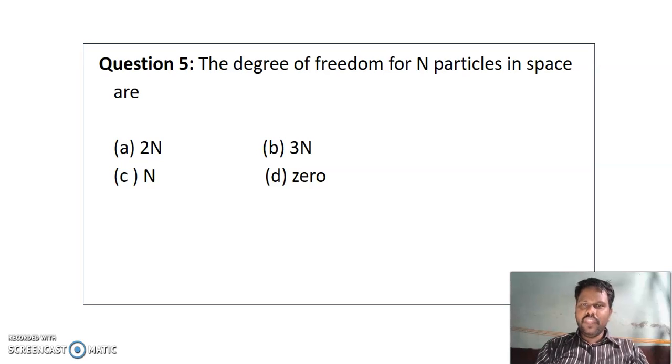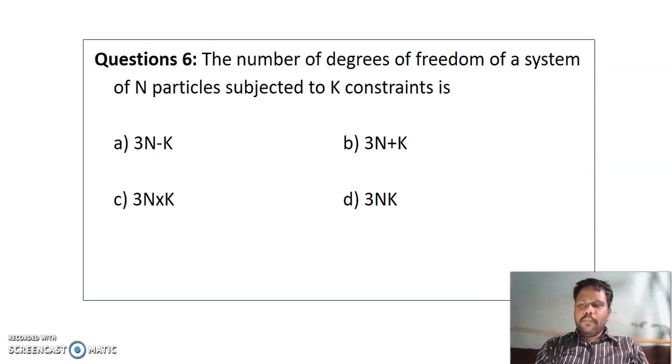Question number 5. The degrees of freedom for n particles in space are? Answer is 3n. Question number 6. The number of degrees of freedom of a system of n particles subjected to k constraints is? The answer is 3n minus k.